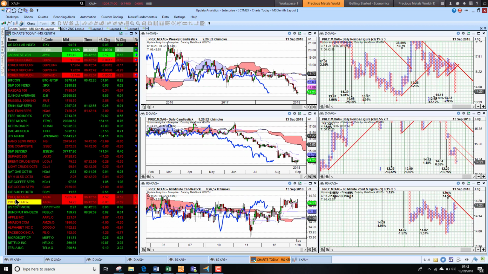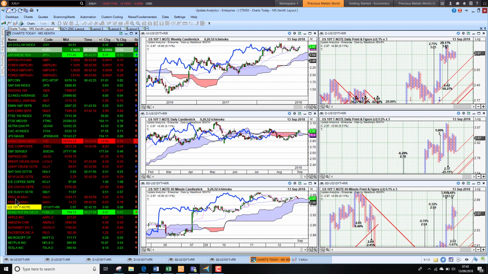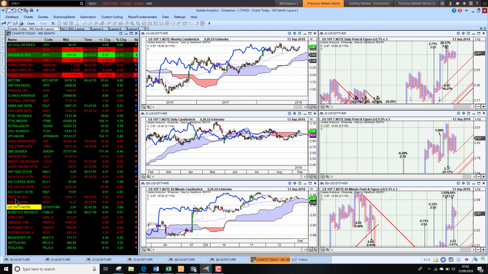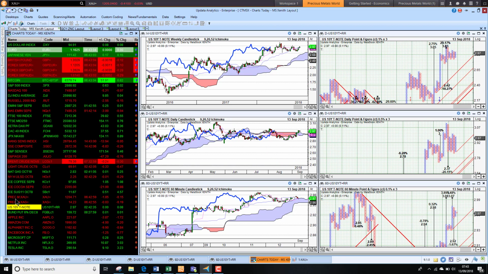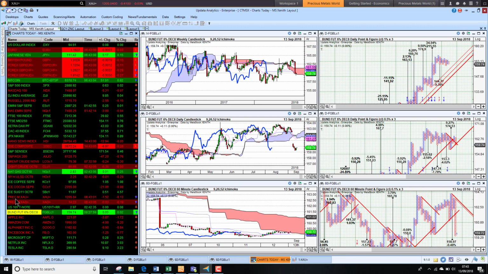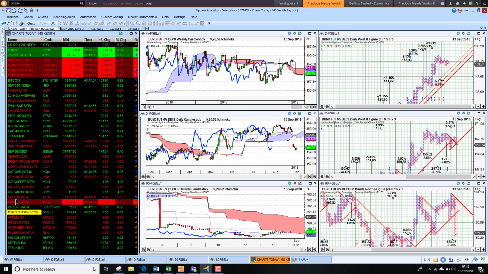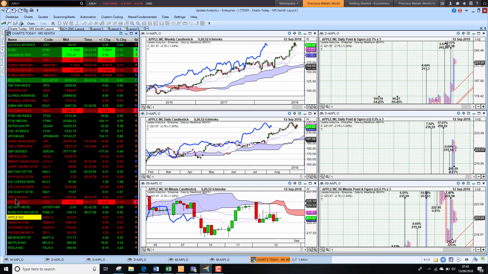The US 10-year yield is sitting steady at 2.97%, just can't break the 3% level at the moment, and German bond prices are still looking pretty weak, just sitting on the floor there. So bond markets are still in this long-term bearish move.